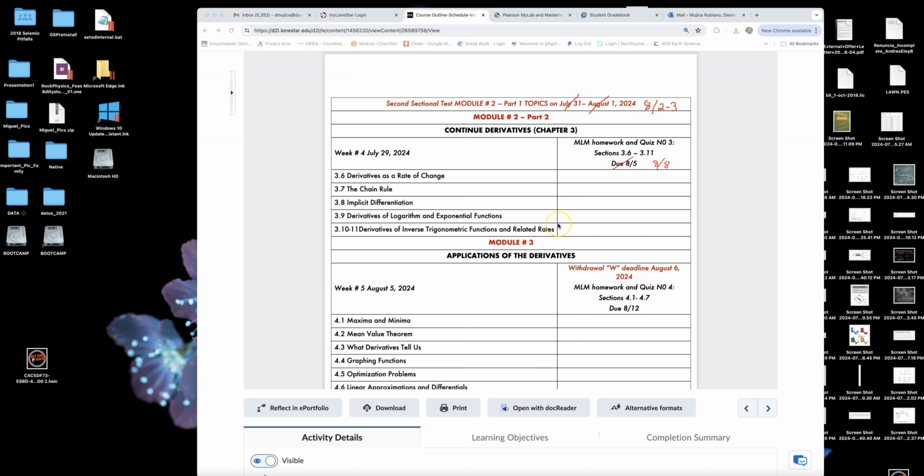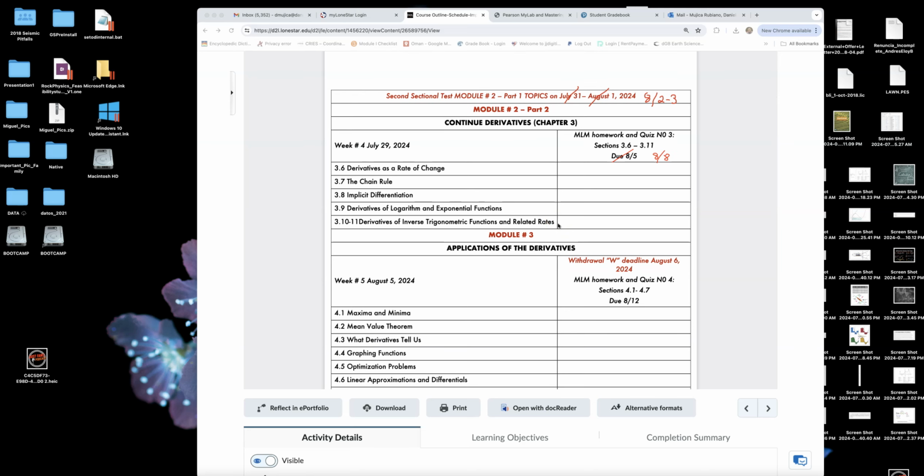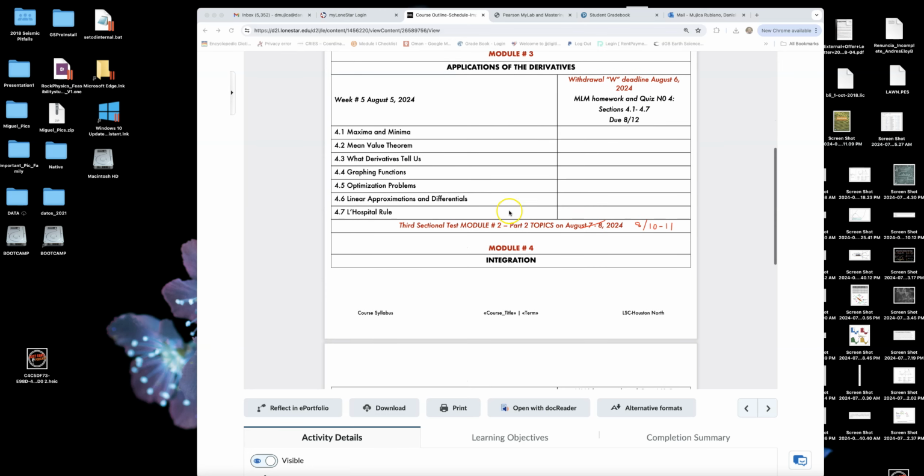In the same way, the last sectional test that we're gonna have is gonna be about this second part of the derivatives chapter, I mean, module number 2, part 2. And that third sectional test is gonna be the weekend of this week, between August 10 and August 11.